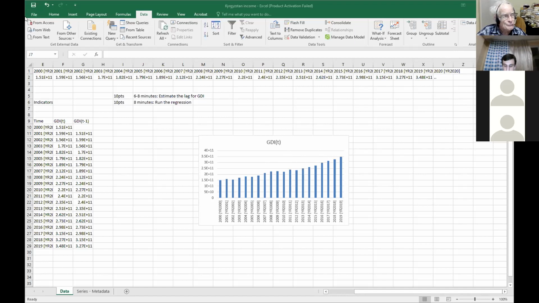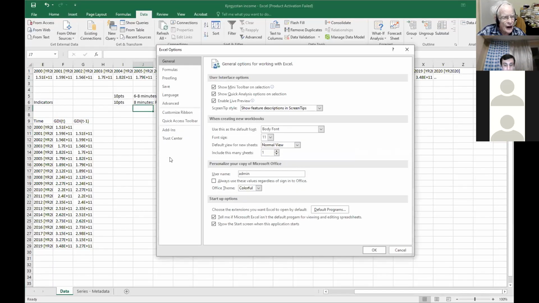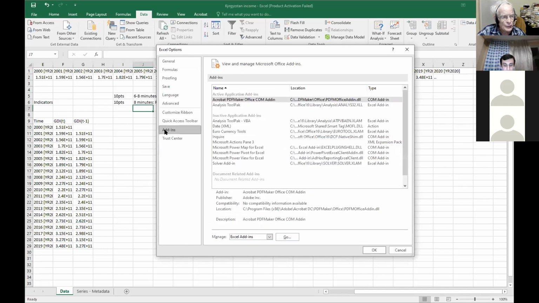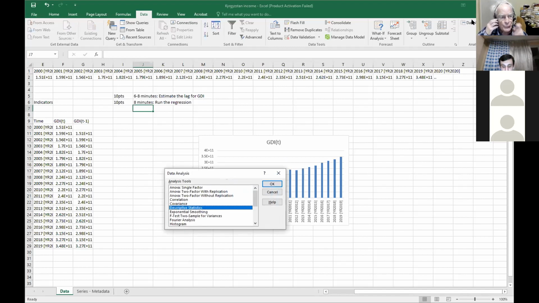If not, go to File, Options, Add-ins, and then it's the ToolPak. So let's see what you found out.